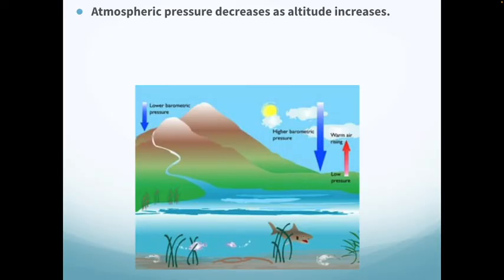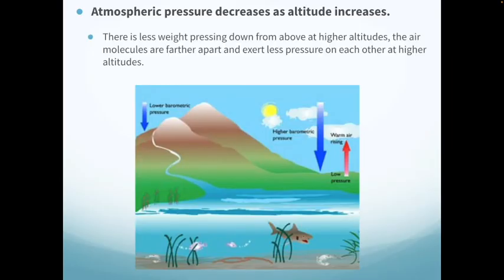So as you get higher, like when you climb mountains, it's harder to breathe as you get to higher elevations because the atmospheric pressure goes down, making less oxygen harder to take in. So there is less weight pressing down from higher altitudes, so the air molecules are farther apart, and they exert less pressure on each other at higher altitudes. So this is kind of the background of why atmospheric pressure changes as you change elevation.